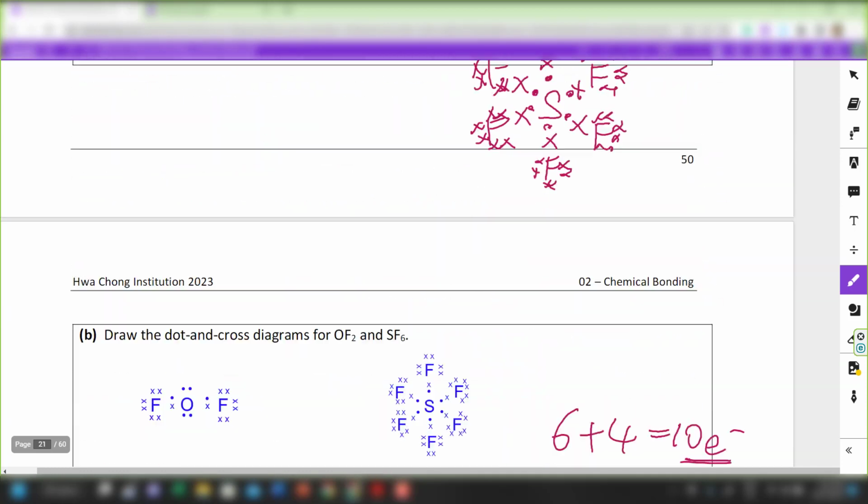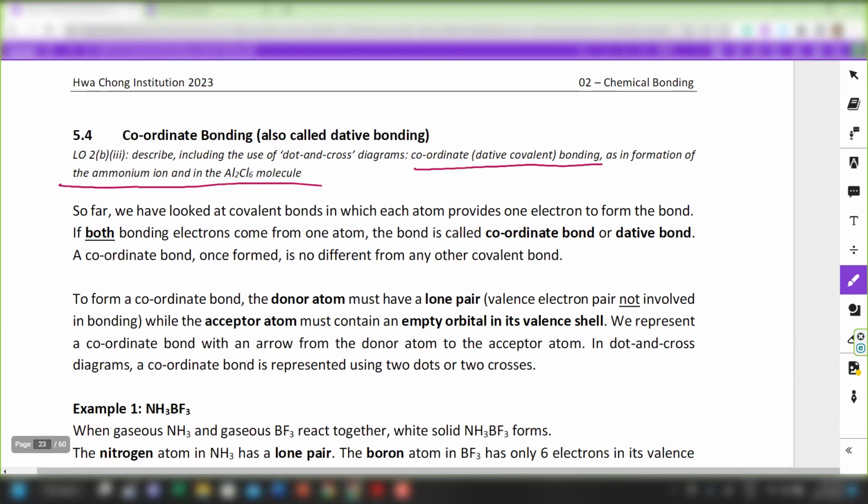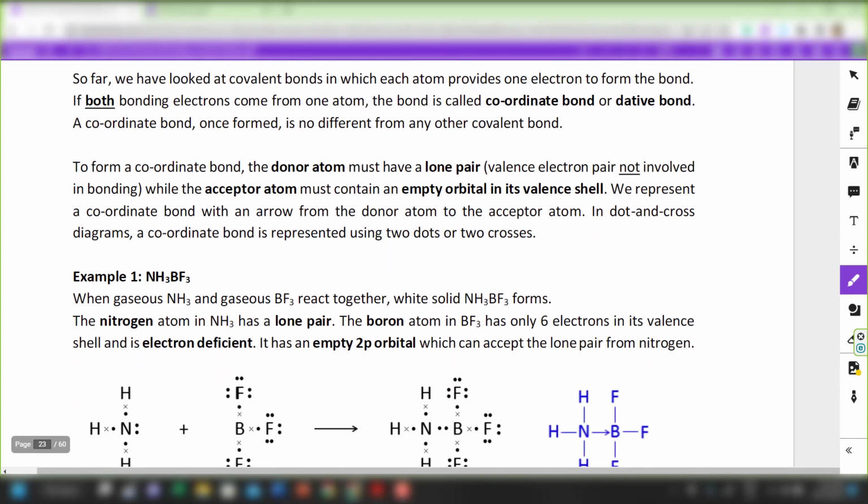Okay, so we'll take a look at what is required of us. So to form coordinate bond, donor atom must have a lone pair, a valence electron pair not involved in bonding. Yeah, acceptor must have an empty orbital. So why empty? Because you require it to accept the extra pair of electrons.